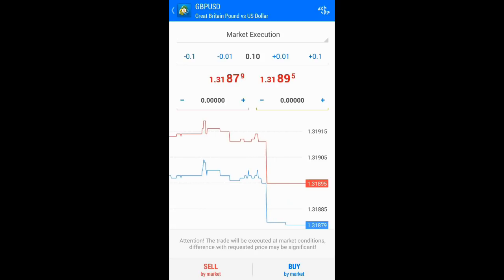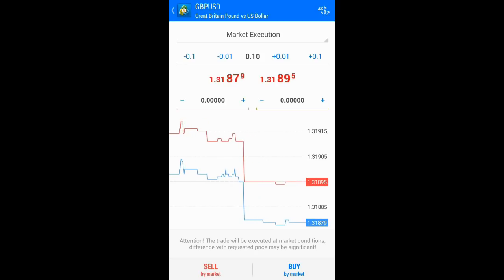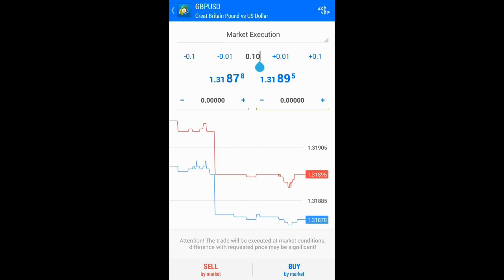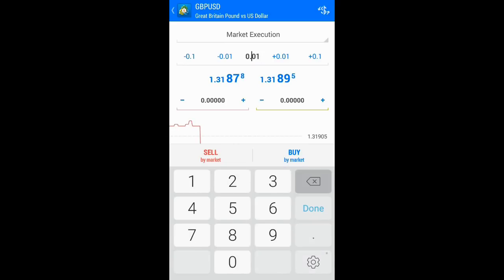I can see here that they give you an option to purchase 0.10, or you can edit this and purchase 0.01, or you could type in whatever lot size you decide. Type in 0.85 if I want to. But this is where the lot sizes are determined right here on MetaTrader 4.